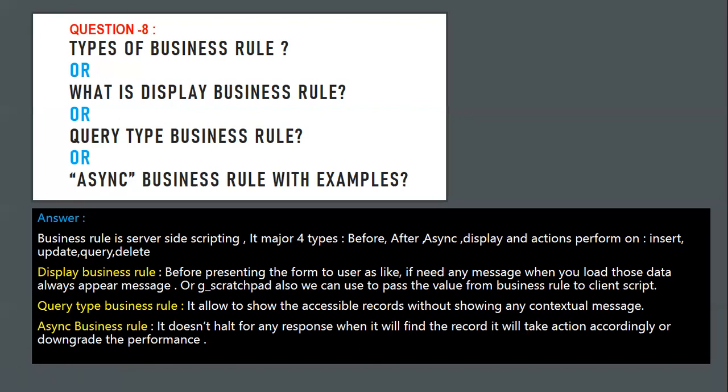An async business rule doesn't halt for any response. When it finds the record, it takes action accordingly without downgrading the performance. What does that mean? An asynchronous business rule doesn't wait for the response. If you have millions of records and you want to create a record after inserting the record into the table, then it performs the actions. But with an asynchronous business rule, it doesn't wait for the response.